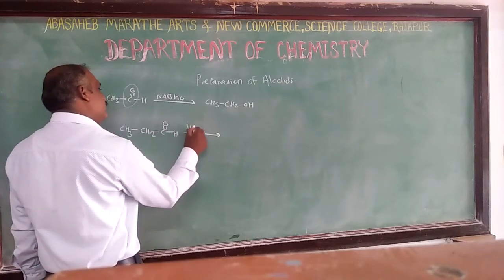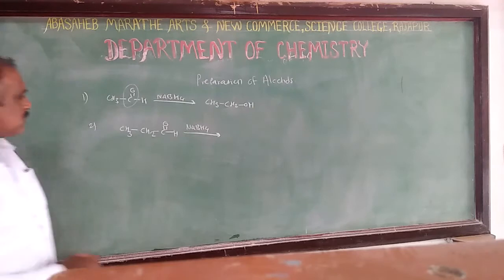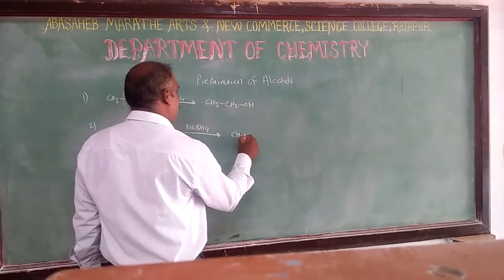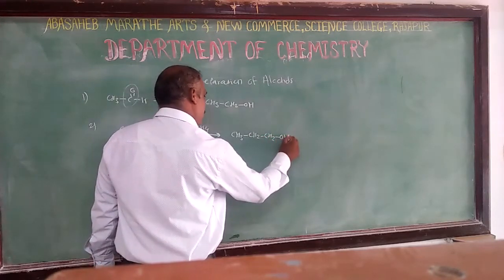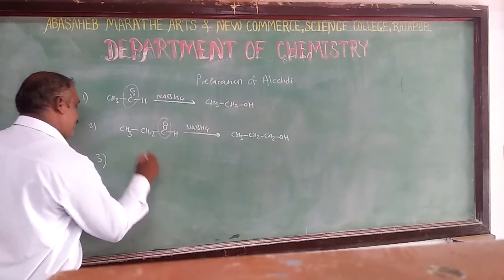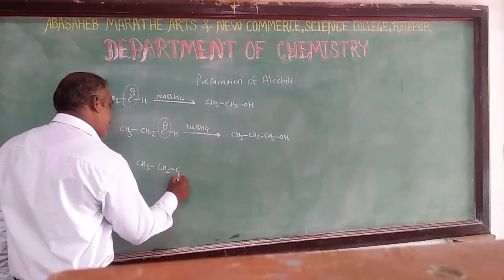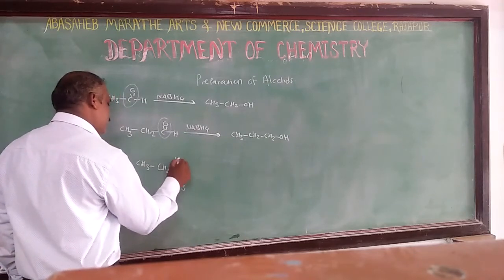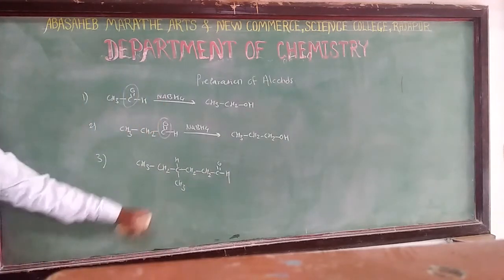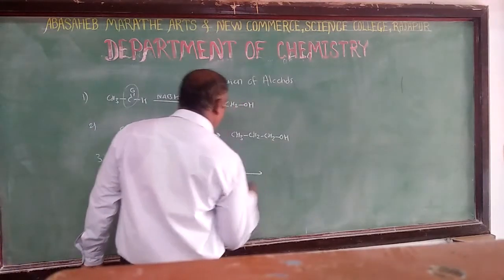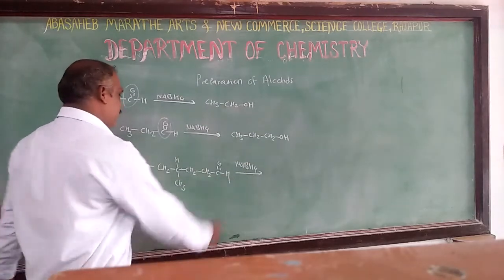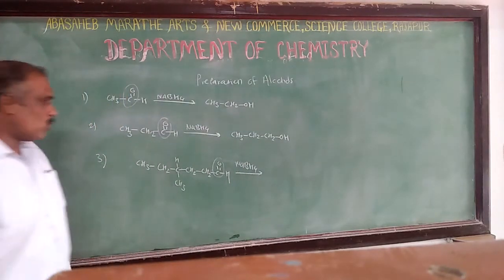We can treat this with sodium borohydride, and the carbonyl group is reduced to the corresponding alcohol, propanol. In another example, a long chain aldehyde is treated with sodium borohydride, which reduces only the carbonyl group to the corresponding alcohol.